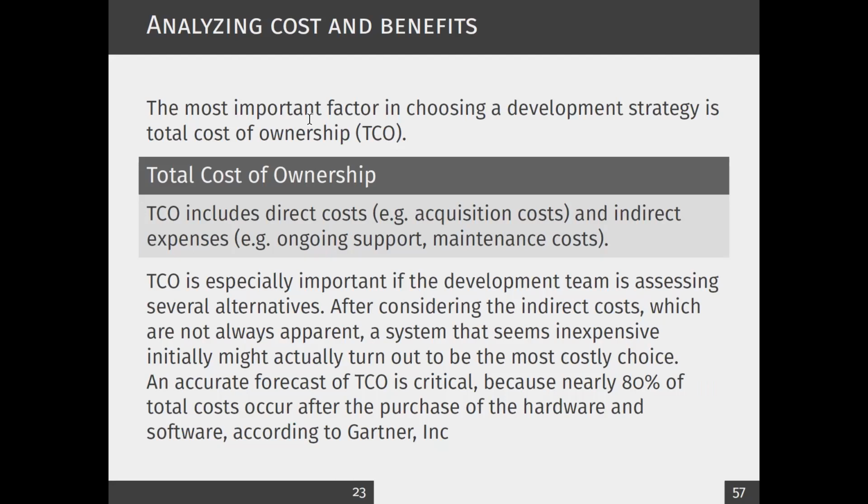So when you say total cost of ownership, sometimes you purchase some software in the beginning, but later you need to make some changes, you need some money. So usually we will have indirect expense, and there could be other things like ongoing support or maintenance costs.